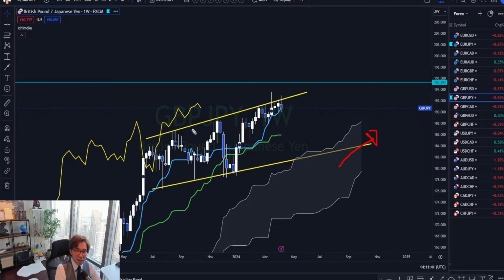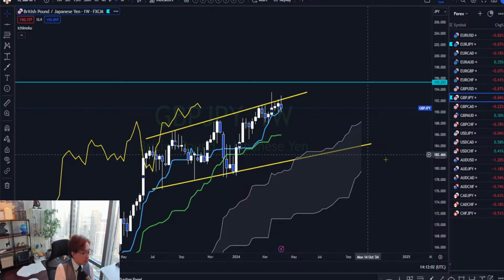And the Kumo has been bullish, so Pound JPY also, I look for the buying opportunities. However, as you can notice, the market has been resisted by this upper channel, so it may retrace from here. But this is an ascending P wave between the channel and also Tenkan Sen.